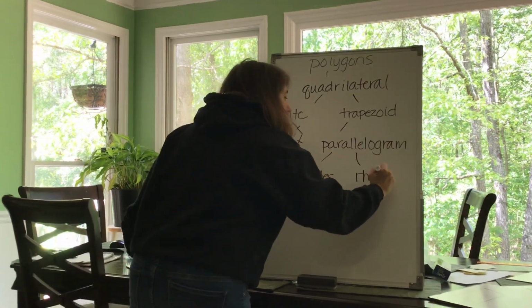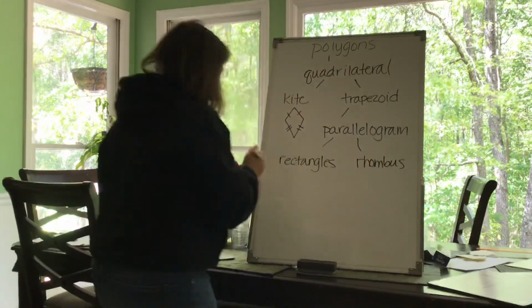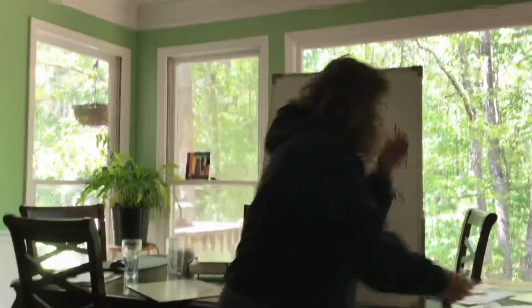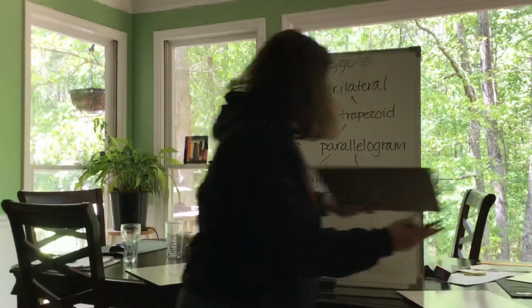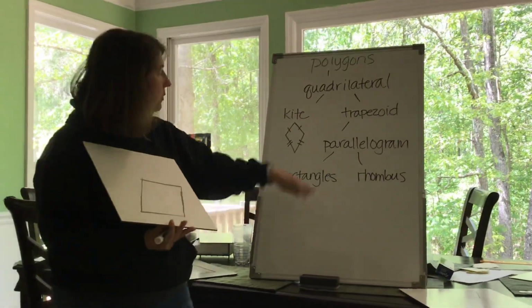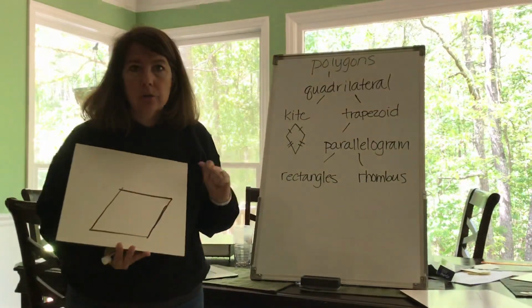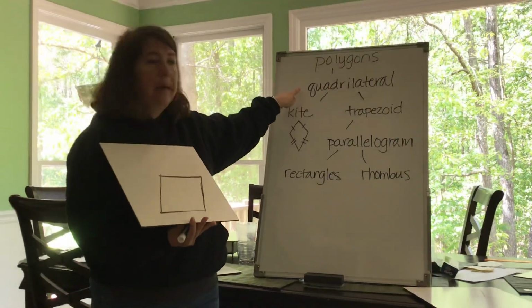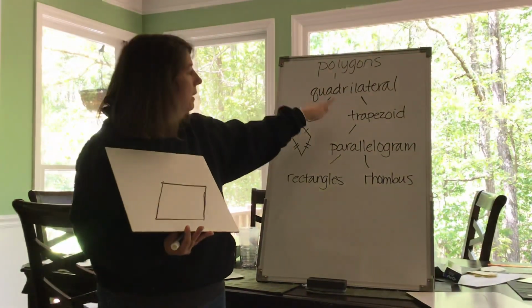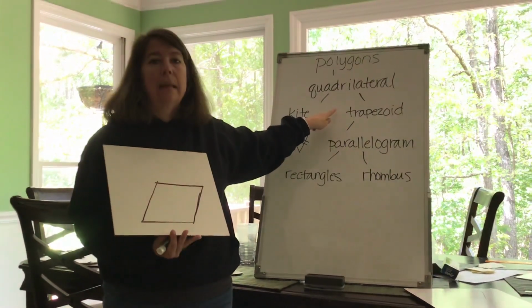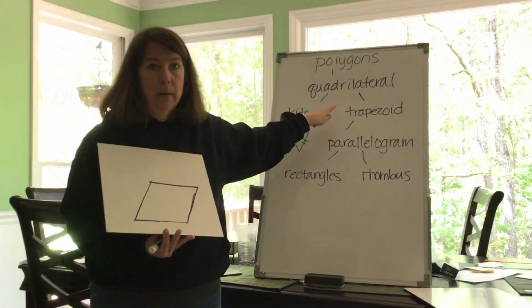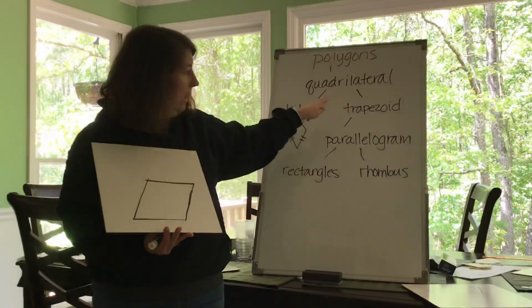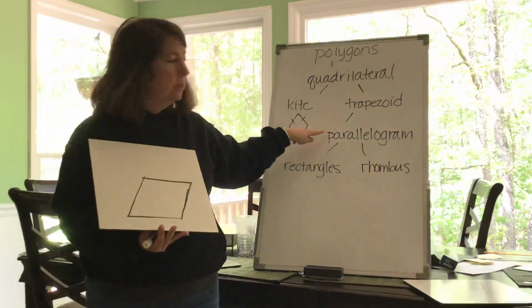Another type of parallelogram could be a rhombus. A rhombus, if you start at the top of our hierarchy or tree diagram, is a quadrilateral because it has four sides. It's a trapezoid because it has at least one set of parallel sides. It really has two, so it's a parallelogram.